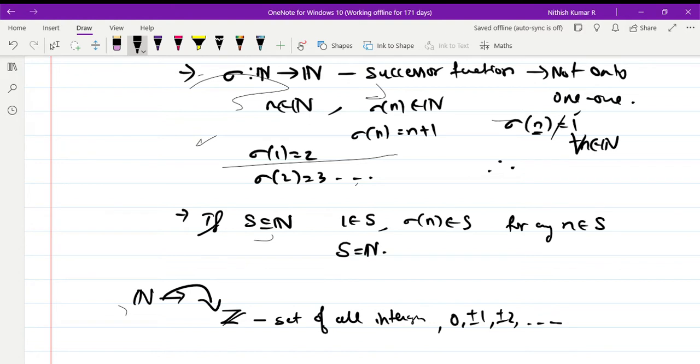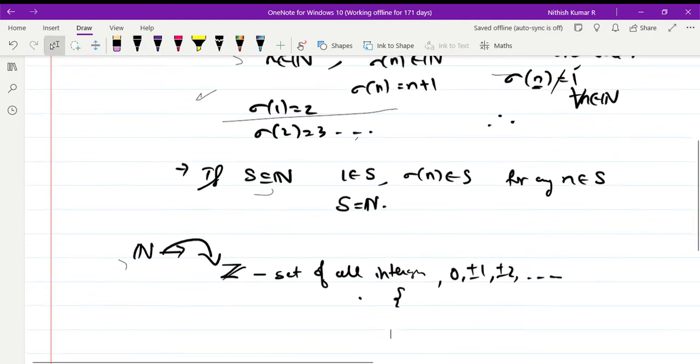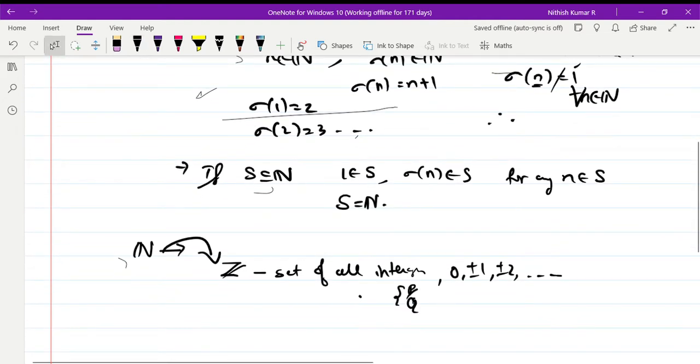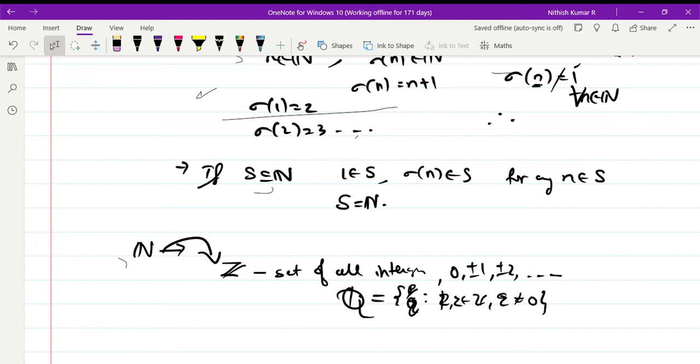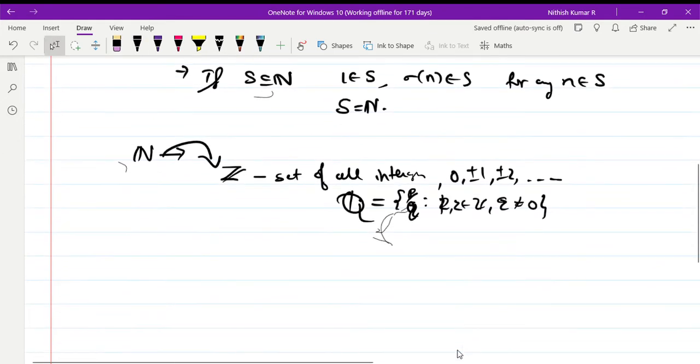And from this we are moving to the next set, a set of the form p by q, where p, q belong to Z and q not equal to 0, and we call this the set of rationals. This is the set of all numbers of the form p by q, where both p and q are integers, q not equal to 0.